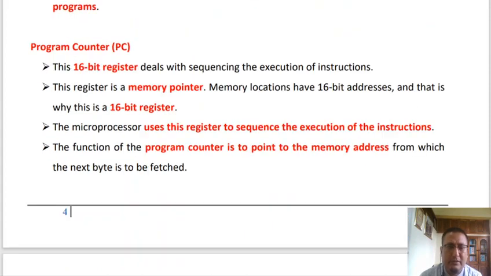Now, the program counter, as we have already discussed, is a 16-bit memory register that is responsible for sequencing the execution of the various instructions. The microprocessor uses the register to sequence the execution of the instructions. The function of the program counter is to point to the memory address from where the next byte is to be fetched.